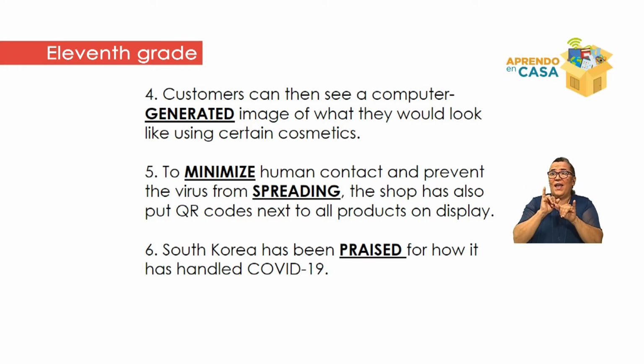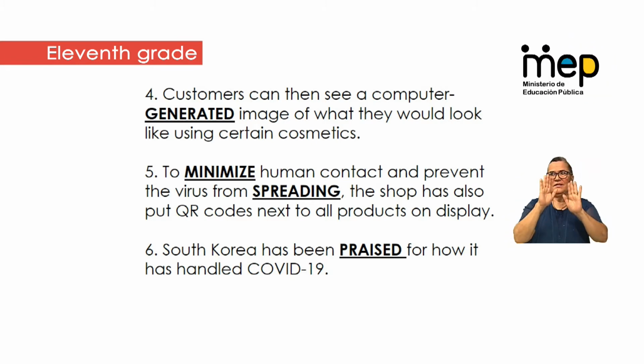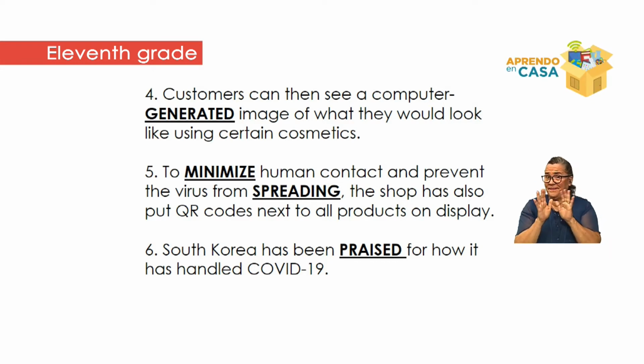This is super important because nowadays we're living this situation, the COVID emergency, so they avoid the contact between people. That's super great. Number 6, South Korea has been praised for how it has handled COVID-19. Okay, very good, guys. You are doing a very good job.